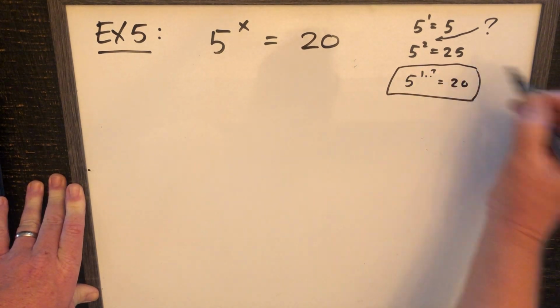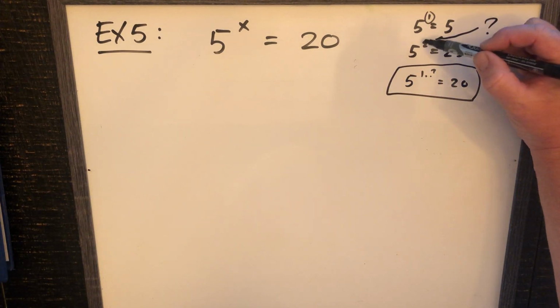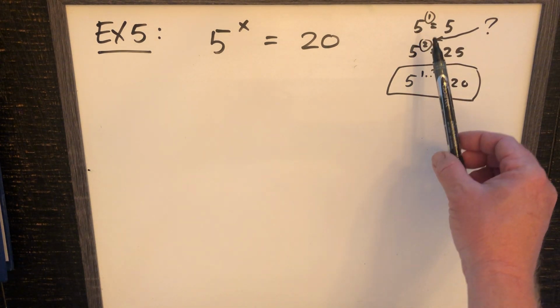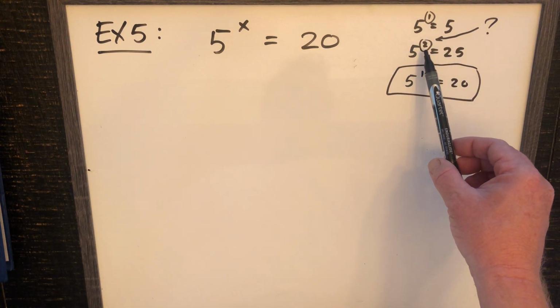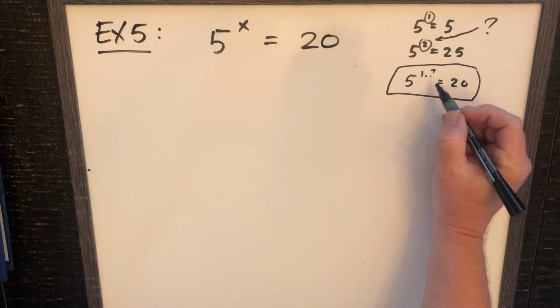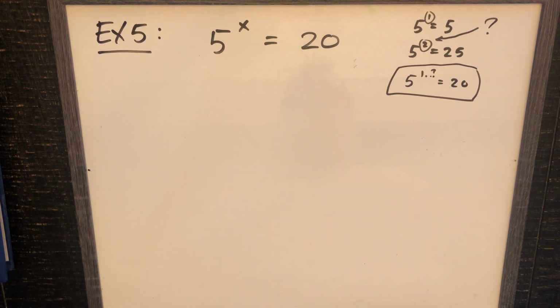So I do get some sort of an idea of where my solution would lie. I know it has to be bigger than 1, and I know it has to be less than 2, but unless you have a really good mental math power that I never learned growing up, we're going to have to use logarithms, which is kind of the whole reason why we've been studying this for the last couple weeks before the crisis.